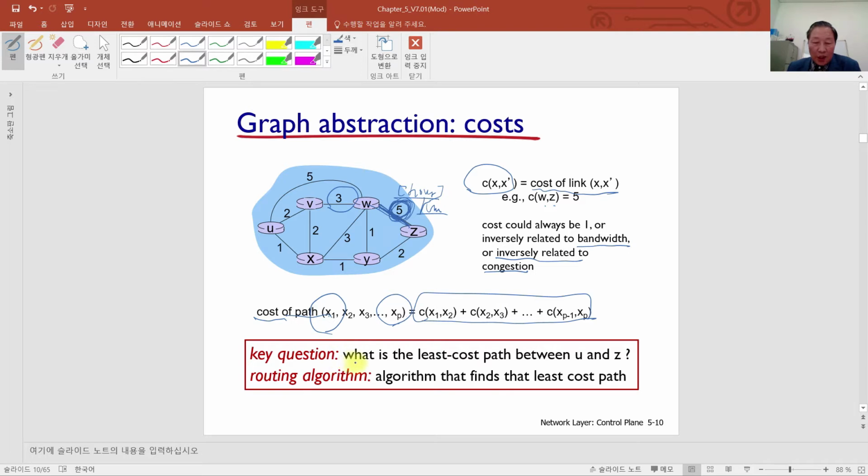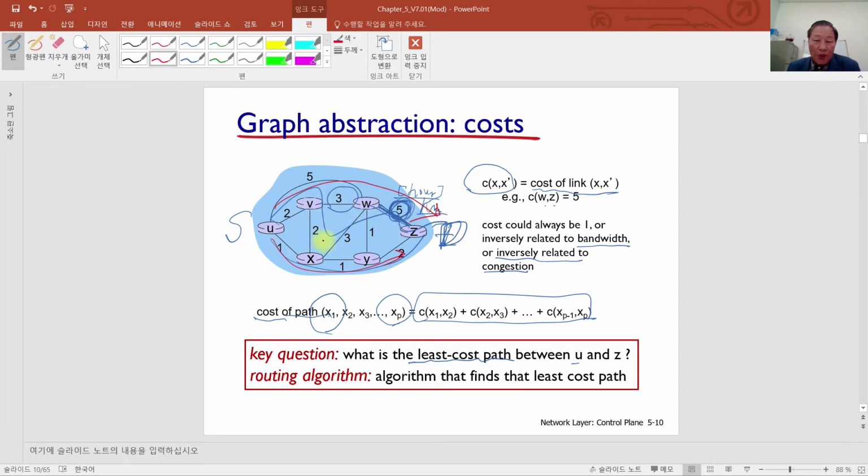Okay, let's look at this one. The key question is, what is the least cost path between U and Z? Here, this one is the starting node, and this one is the destination node. Then here, in this way, or in this way, okay, let's look at another color here, like this, or like this. There may be many paths.